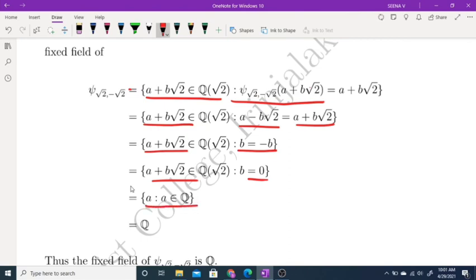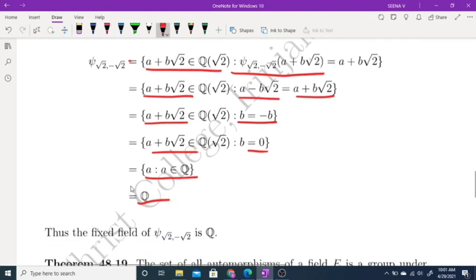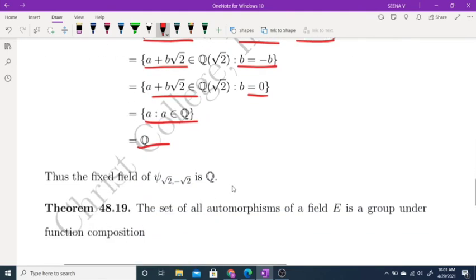That means the set of all a such that a belongs to Q. Therefore, the fixed field of ψ_{√2→−√2} is Q.